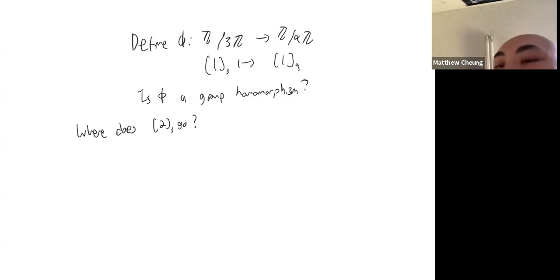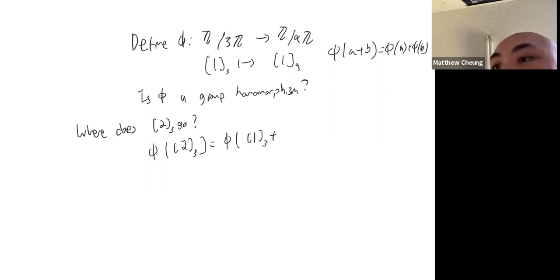So where does this go? Let's use this thing again, the beauty of being a homomorphism. Phi of 2 is just phi of 1 plus 1. Do you all agree?